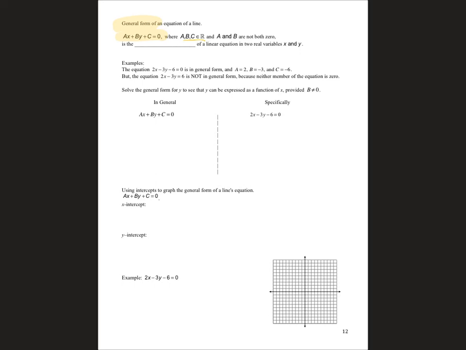This is the general form of a linear equation. If I were to give you this equation, you should be able to identify A, B, and C.